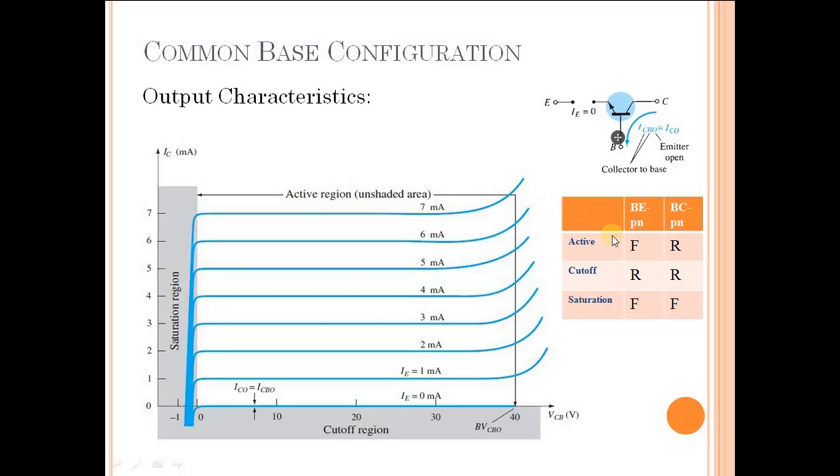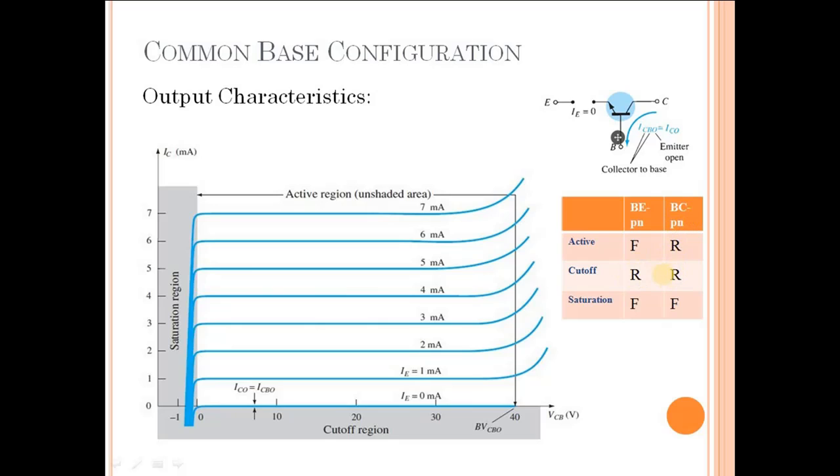Also, it is important to be aware of the condition of the PN junctions in these three identified regions. In the active region, the base emitter PN junction is forward biased and the base collector PN junction is reverse biased. In the cutoff region, the base emitter PN junction is reverse biased as well as the base collector PN junction.